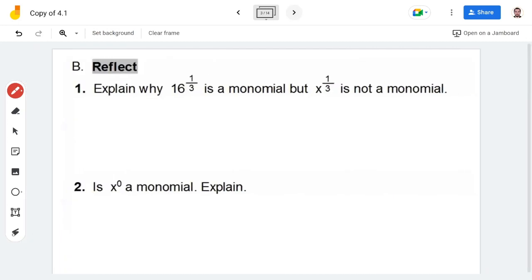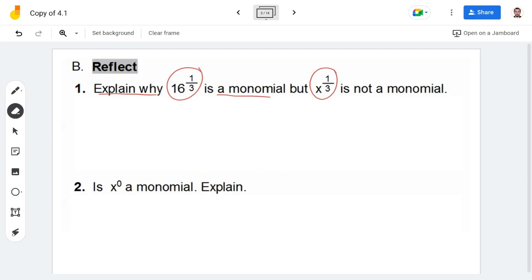Now let's reflect on what we understand. Explain why 16 to the power 1 over 3 is a monomial, but x to the power of 1 over 3 is not a monomial. Why? Because 16 to the power 1 over 3, you can evaluate it with your calculator, and 16 is a number. We know that 16 to the power 1 over 3, you can convert it and solve it and get an answer.